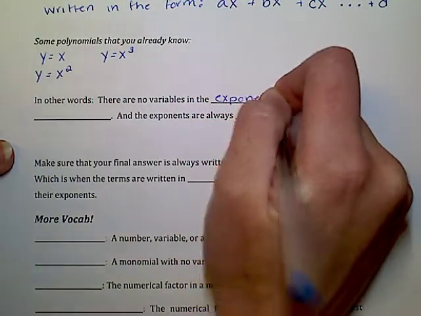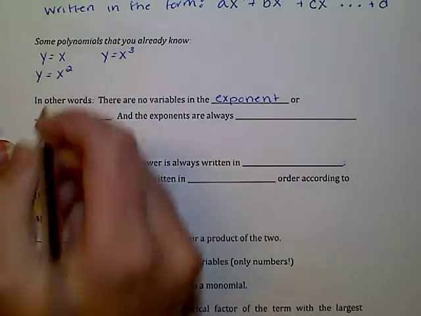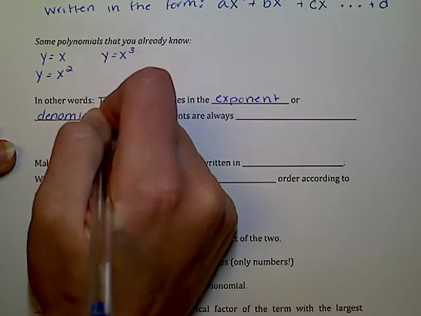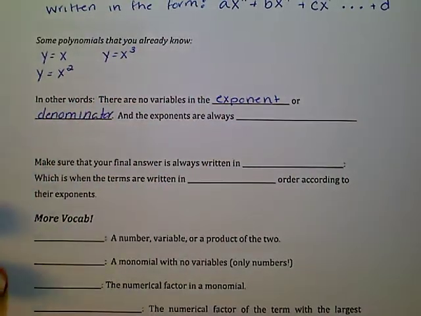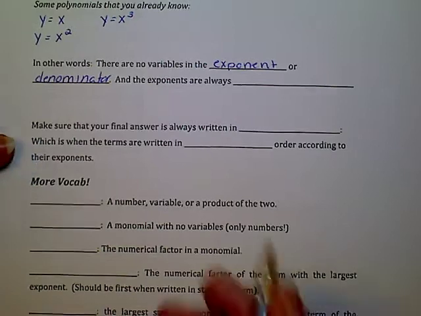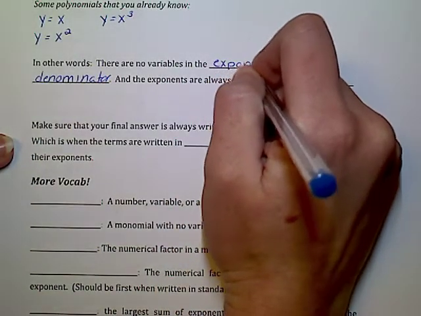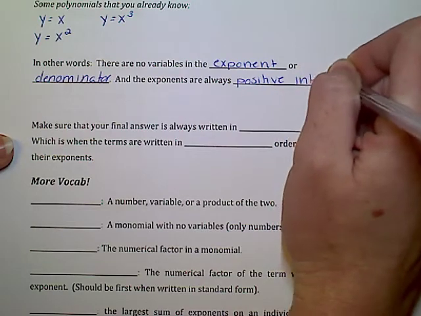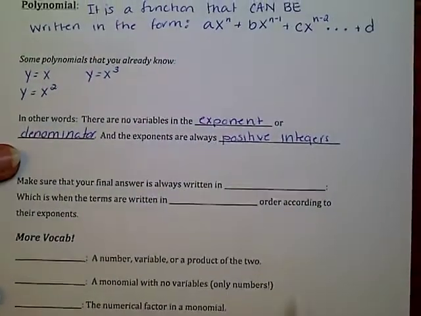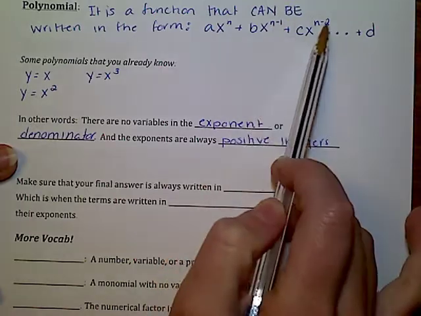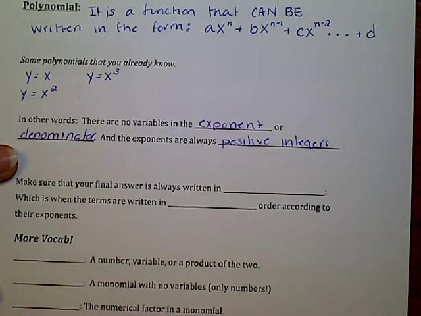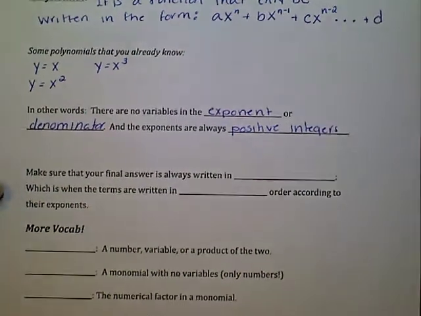If there were, that would be an exponential function, or denominator, that would be an inverse function. Also, the exponents are always positive integers. So back up here, these exponents will always be positive integers. They're never going to be a fraction, they're never going to be negative. If they are, it just means we don't have a polynomial.